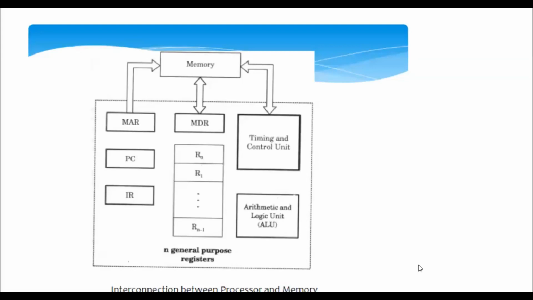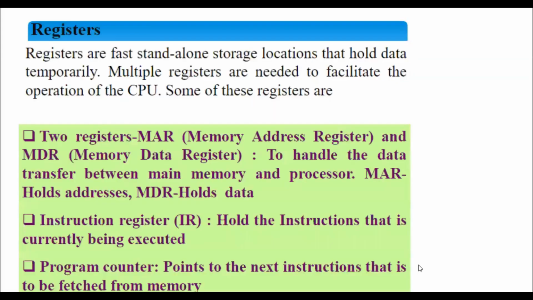So that is the interconnection between the processor and the memory. The registers are fast standalone storage locations that hold data temporarily. Multiple registers are needed to facilitate the operation of the CPU.